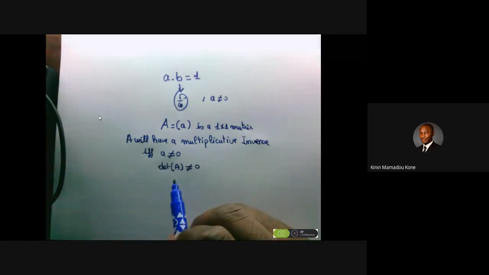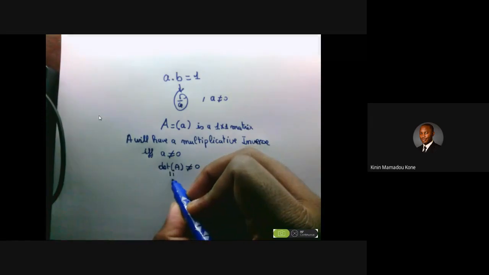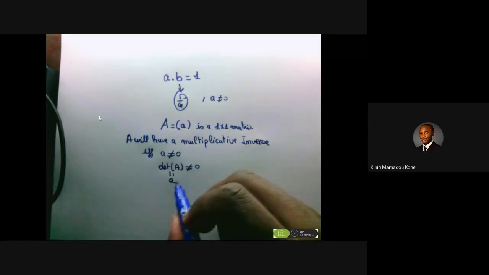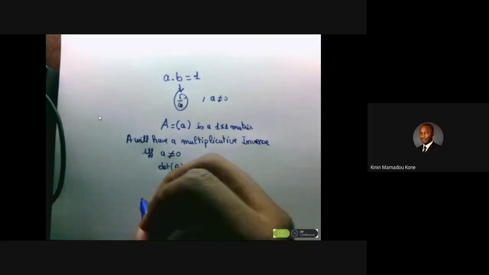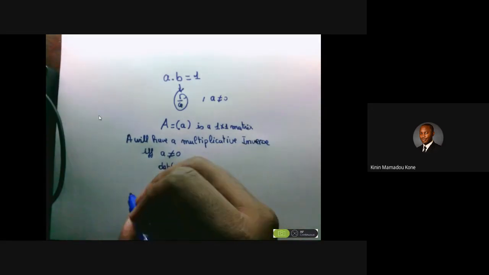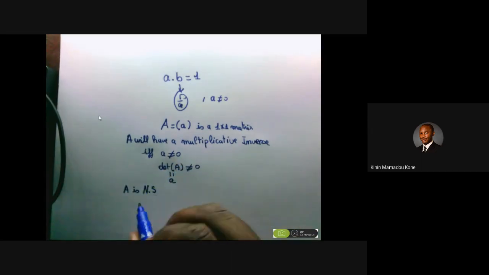In this particular case, the determinant of A is going to be A, and that A should not be equal to 0. So A is non-singular. Non-singular is abbreviated with NS.